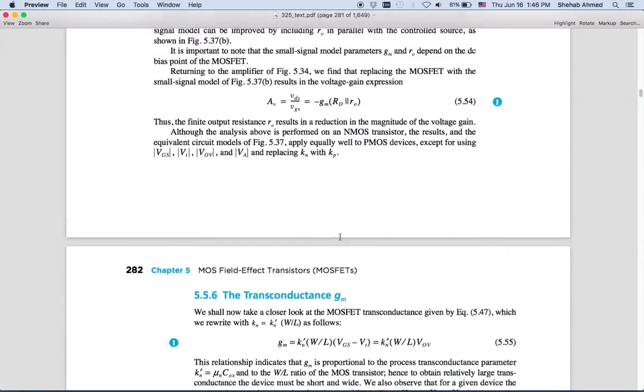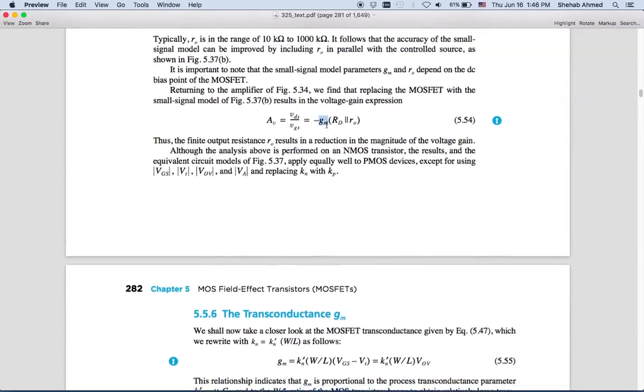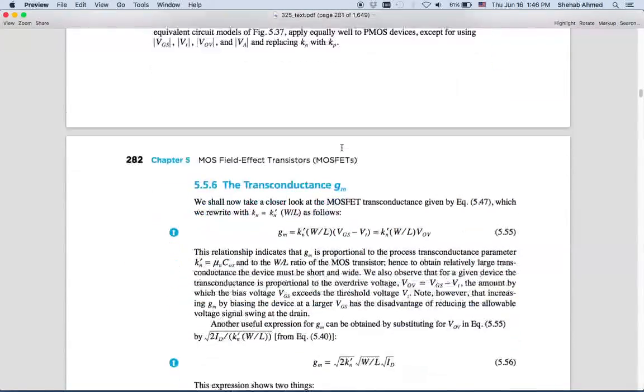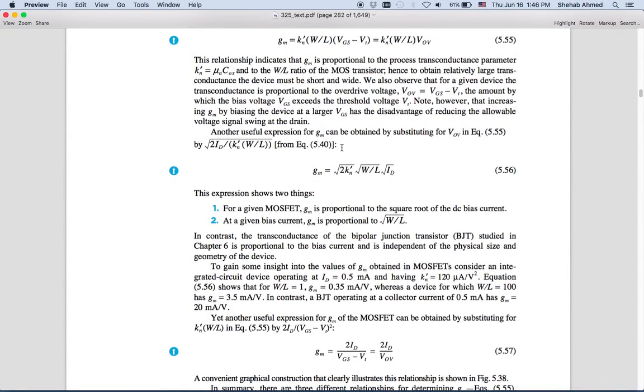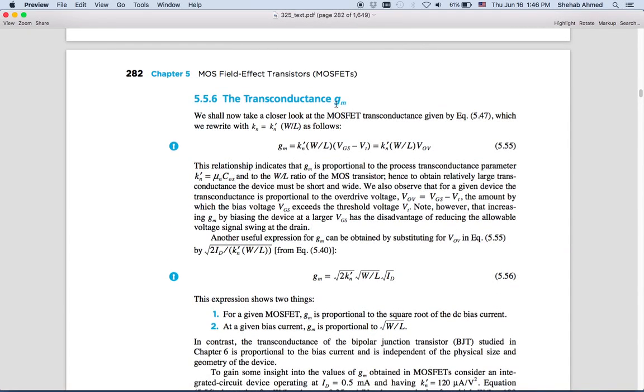So more on this transconductance. This transconductance can be, again, it's obviously a device characteristic, and that's what this section is talking about. So this transconductance parameter for the MOSFET, GM, you can solve it if you look at equation 5.47.